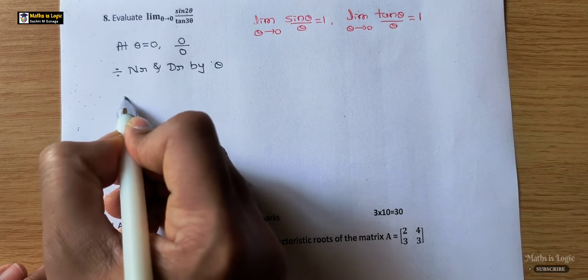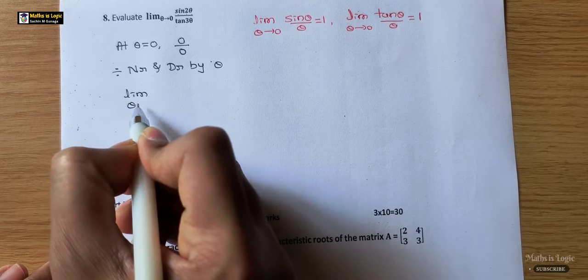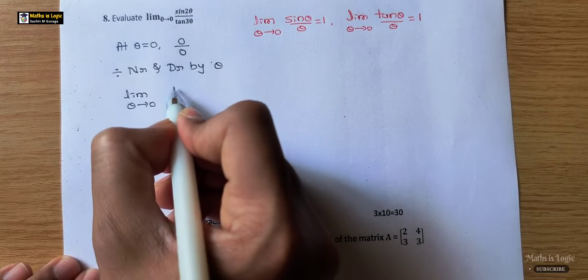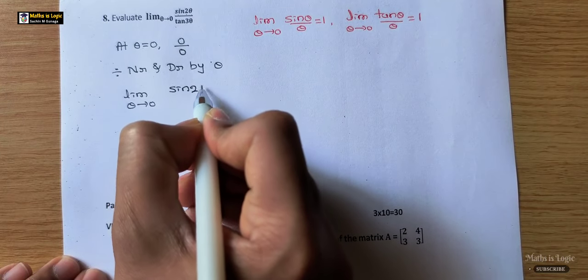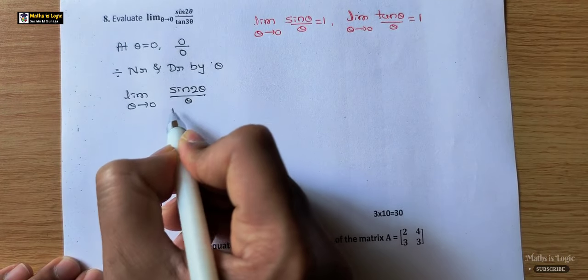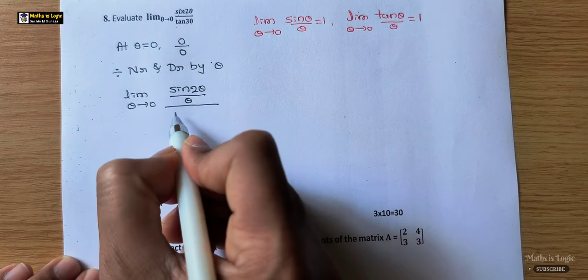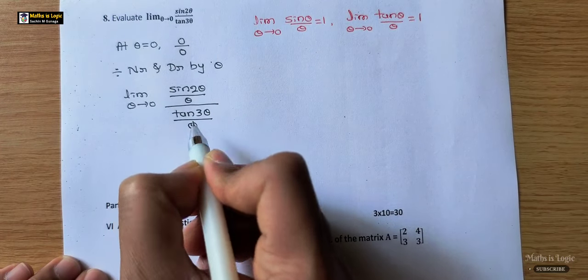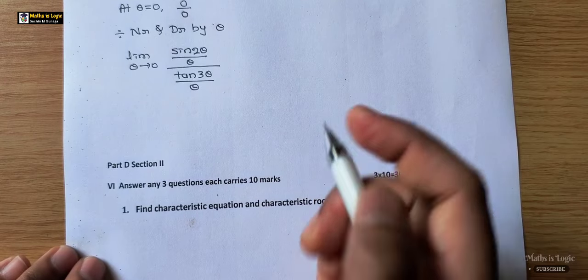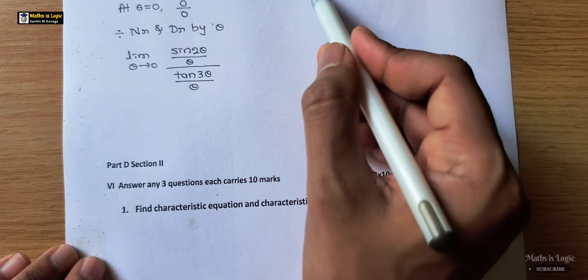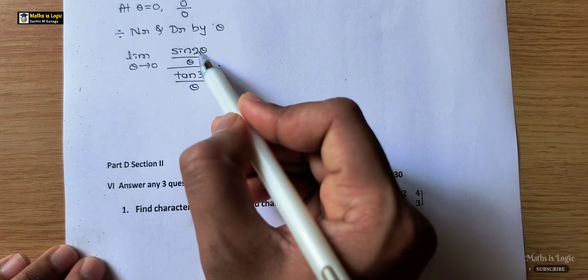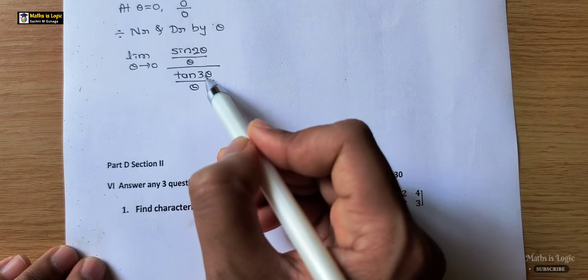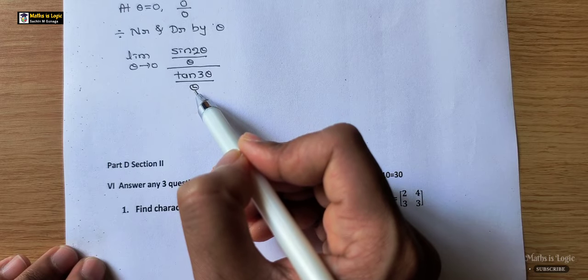So divide: limit theta tends to 0, numerator is sine 2 theta divided by theta, divided by denominator tan 3 theta divided by theta. Now if you want to apply these two formulas, these two angles should be the same, but here 2 theta and here theta, here 3 theta and here in the denominator theta.